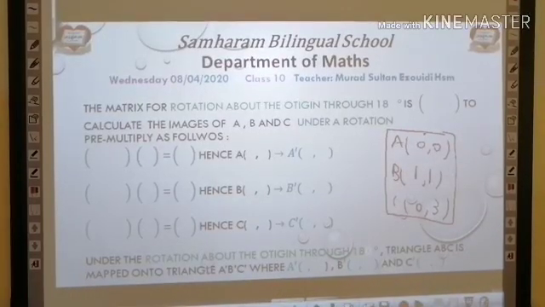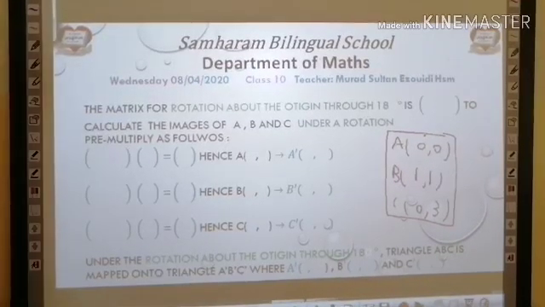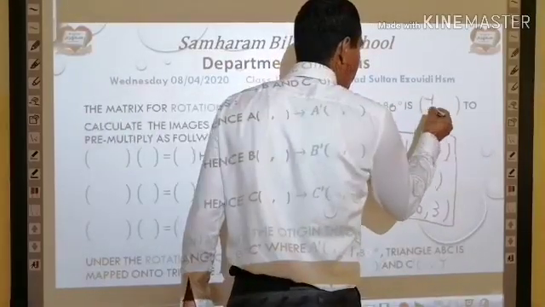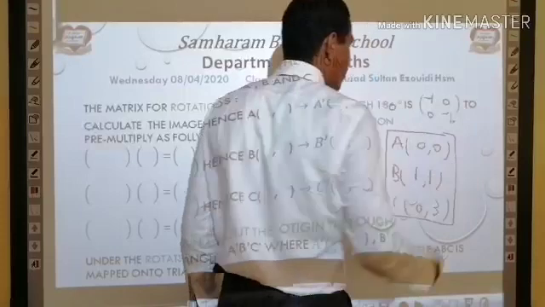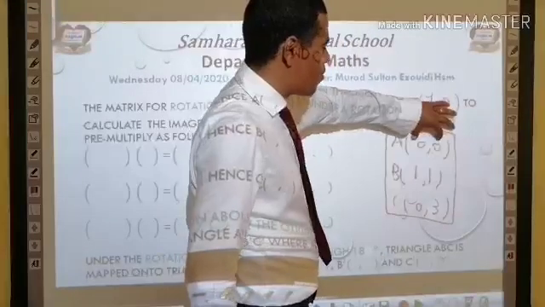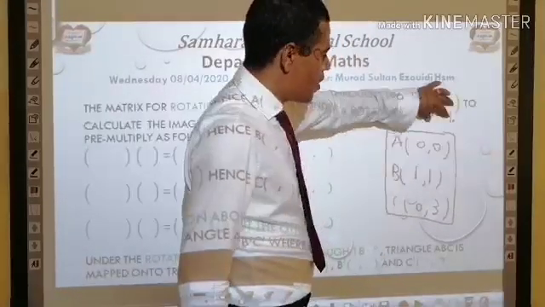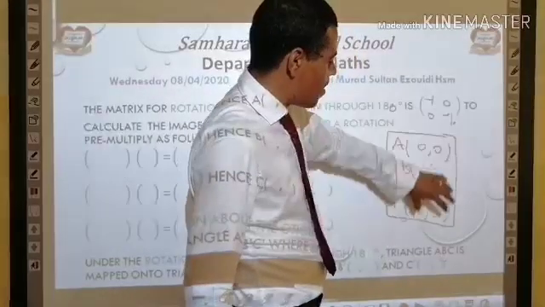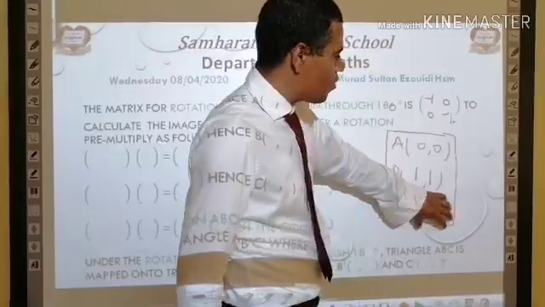The matrix for rotation about the origin through 180 is what, my kids? We call it negative 1, 0, 0, negative 1. I will multiply this by the coordinates of A to find A prime, then by the coordinates of B to find B prime, then by the coordinates of C to find C prime.